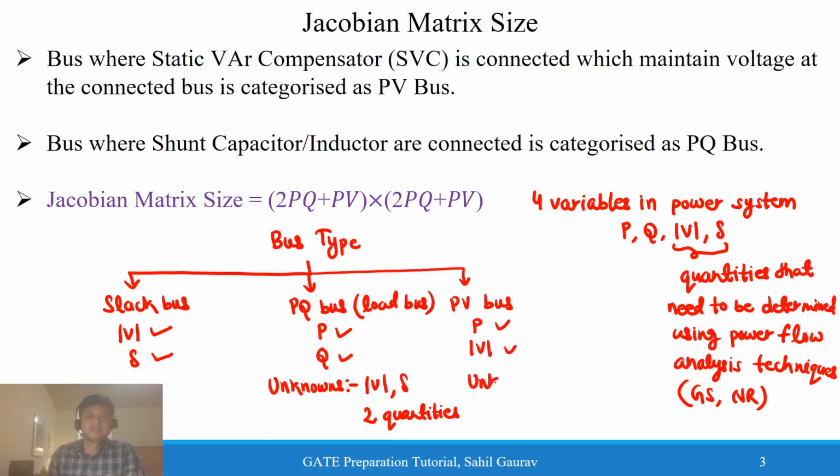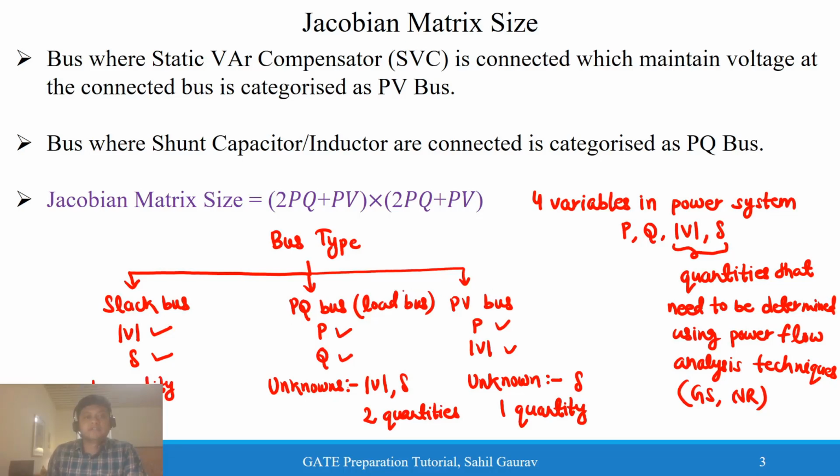The unknown that we find using power flow analysis is only delta, so one quantity. And in the slack bus, both voltage magnitude and phase angle are given, so no quantity is unknown.